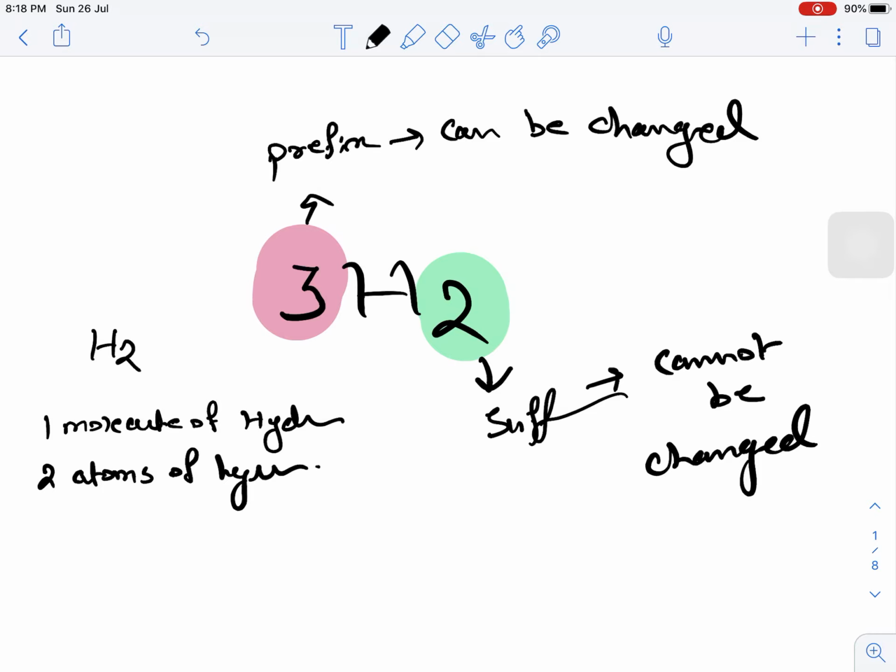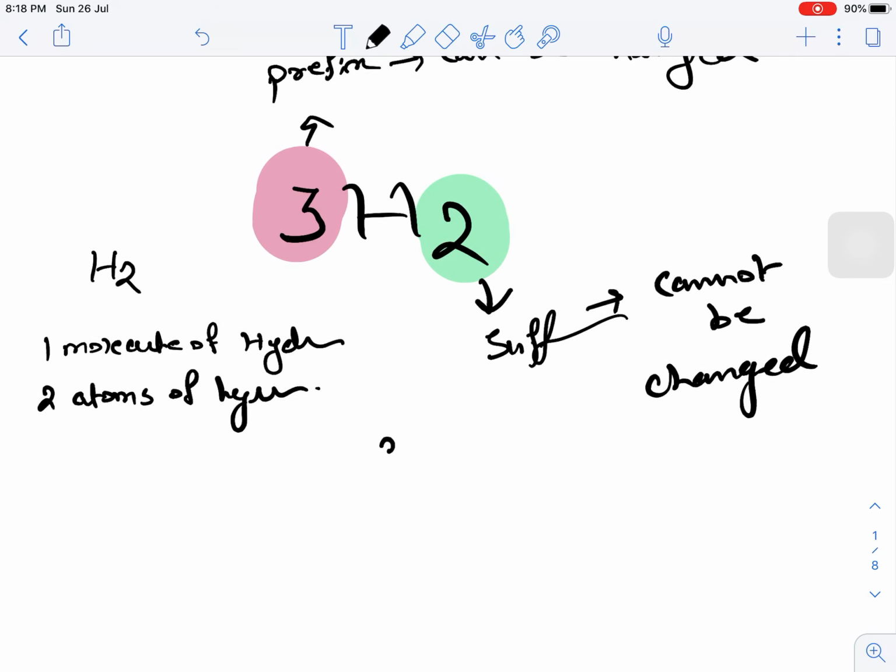Now in this 3H2, remember this prefix number multiplies the suffix. Before that, let me tell how many molecules. This H2 is a molecule, so how many molecules are present? 3 molecules of hydrogen are present.